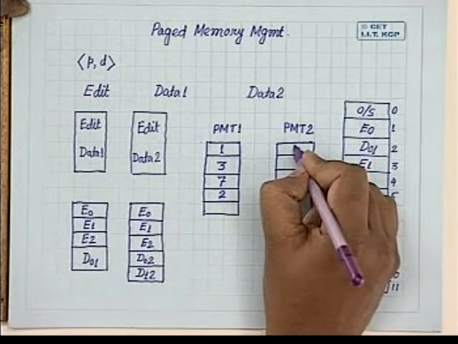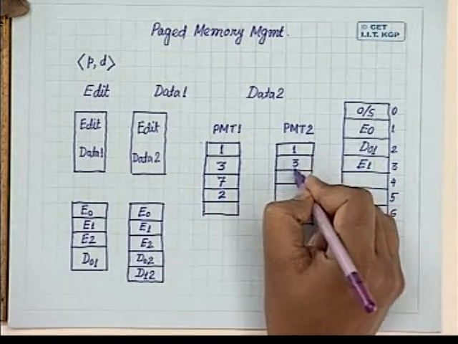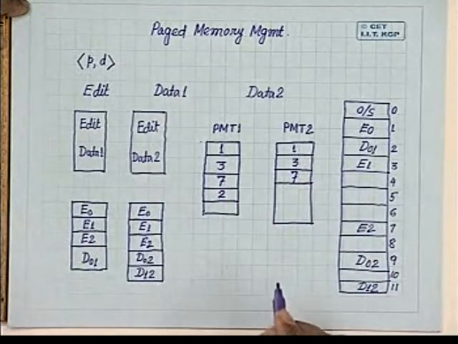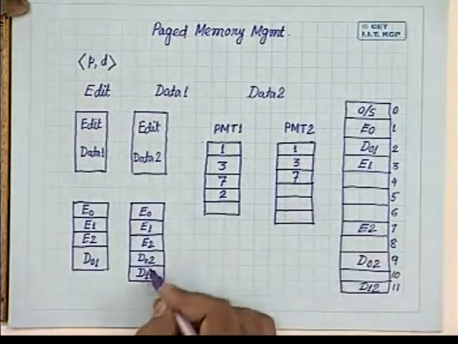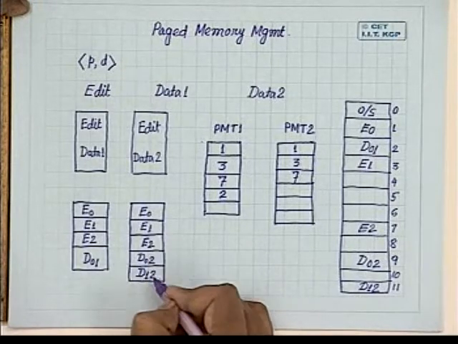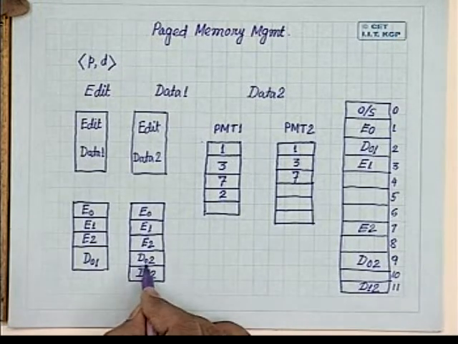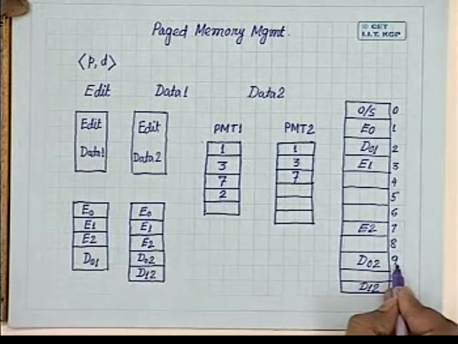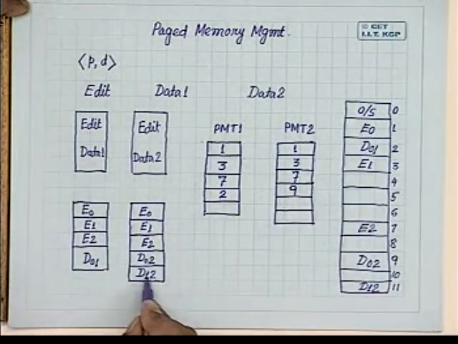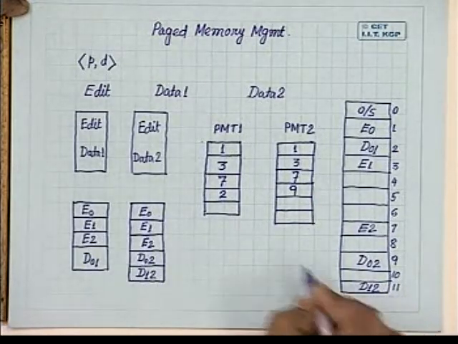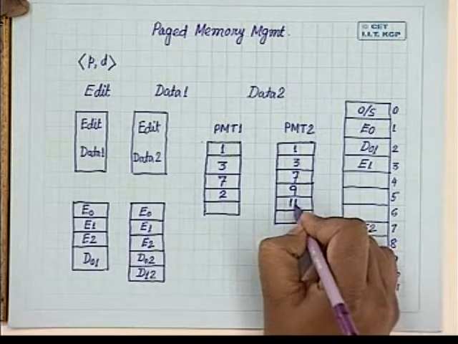So this will contain 1, 3 and 7. Next 2 entries will correspond to the data pages of user program 2. So here D02 is loaded in frame number 9. So this entry will be 9. D12 is loaded in frame number 11. So this entry will be 11.